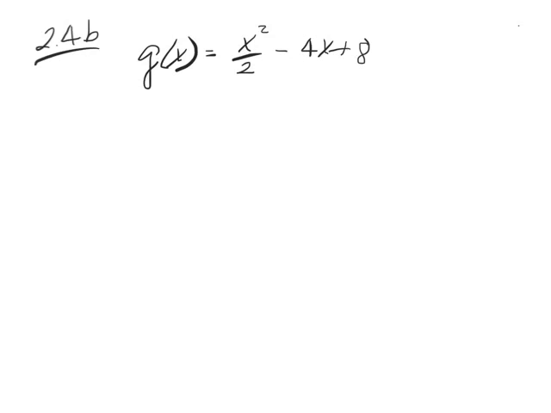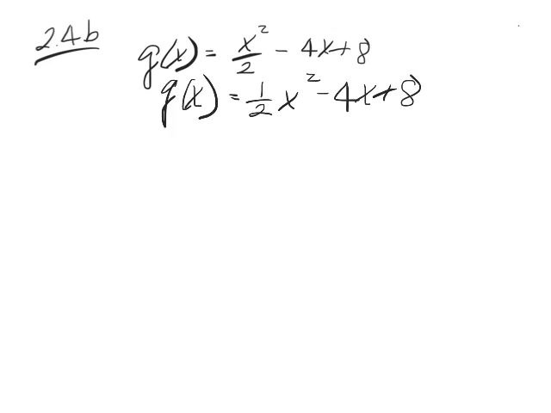So let's rewrite this as g of x equals 1/2 x squared minus 4x plus 8. And if we divide both sides by 1/2, or just multiply everything by 2, we can get rid of our 1/2 there.